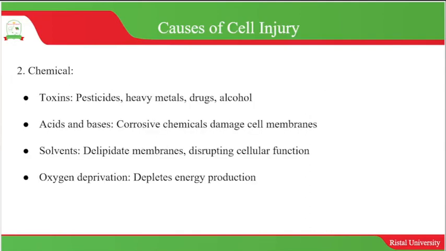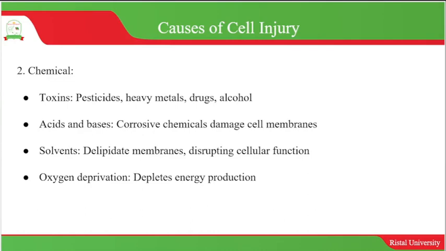The next is chemicals. So the next cause of cell injury are the chemicals. So exposure to toxins such as pesticides, heavy metals, drugs, alcohol, these ones disrupt or damage the cell membrane because these are poisons.